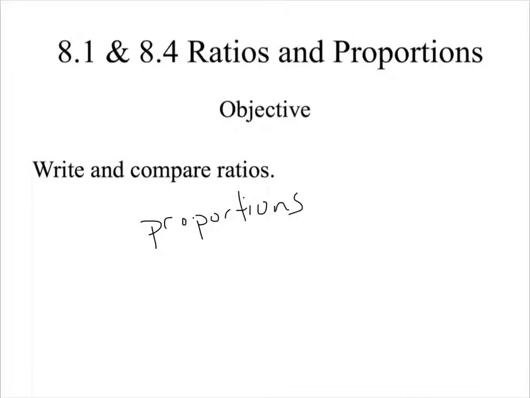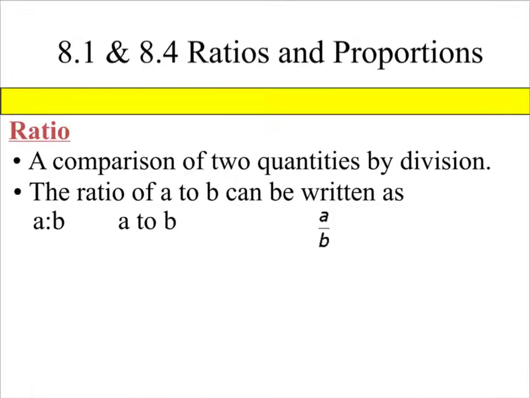So the very first thing we have to do is know what a ratio is. I want you to pause now and write ratio down. A ratio is a comparison of two quantities by division.